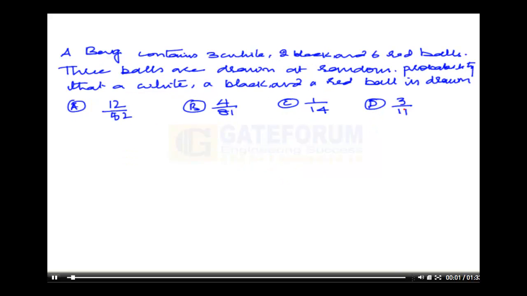Answer is D. To find the probability of drawing a white, black and red ball. So here, as it contains 3 white, 2 black and 6 red balls, we have to draw 3 balls at a time. Therefore the sample space, that is possible outcomes, as it contains a total of 11 balls, 11C3 is the sample space. But we want 1 white, 1 black and 1 red ball.